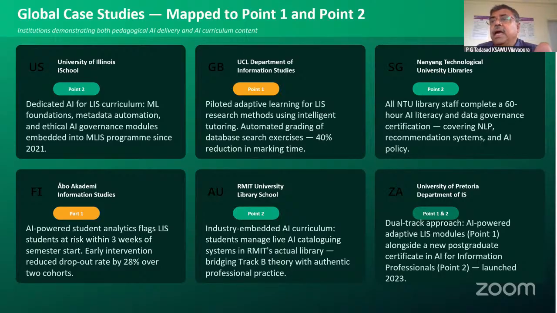There, AI is being used as a pedagogical tool, whereas at Nanyang Technological University, Singapore, it is integrated into the curriculum. At Abo Academy, Finland, it is used as a pedagogical tool.